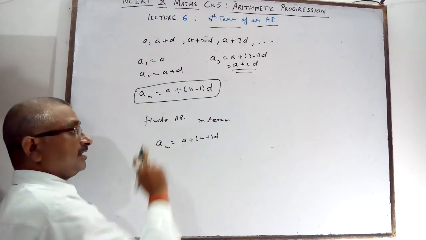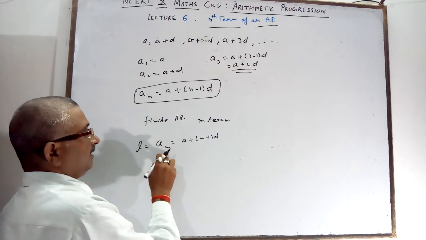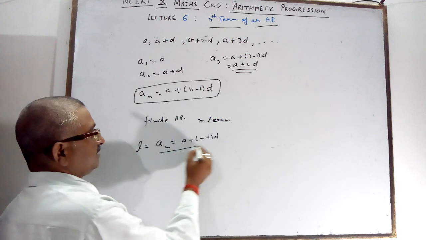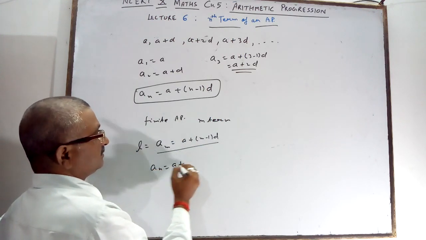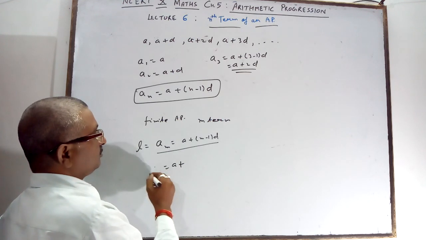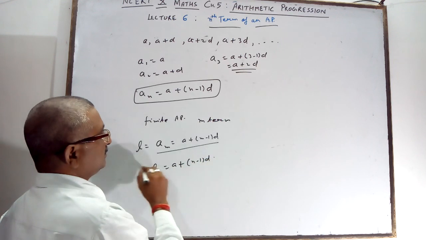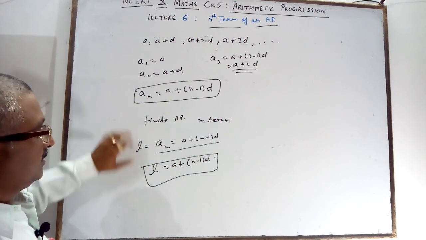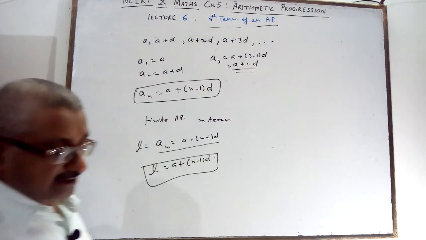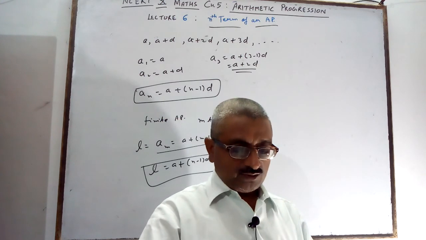The last term is sometimes denoted by a_n, which is also a plus (n minus 1) into d. That is the formula for the last term or the nth term. If there is a finite AP, then there will be a last term. If it is not finite, then there will be no last term.